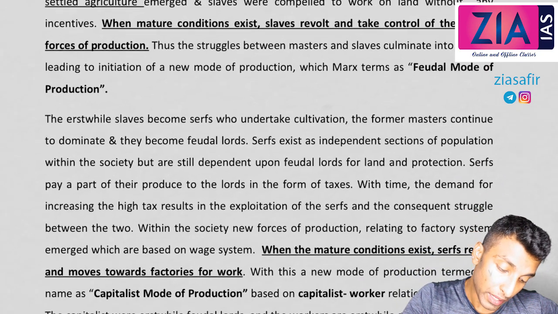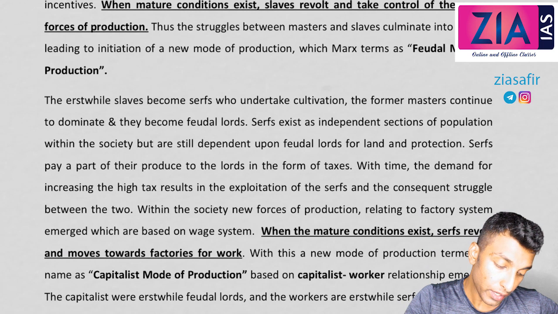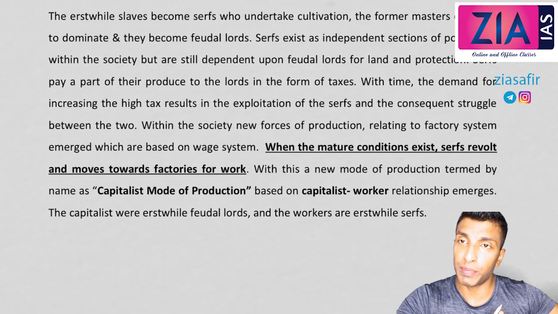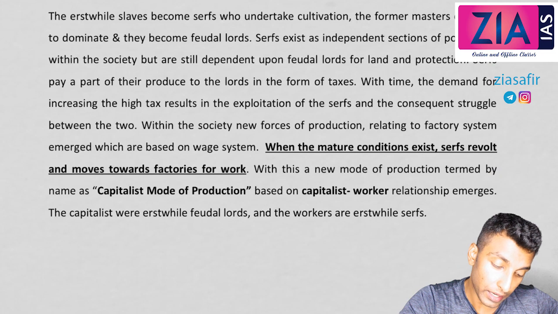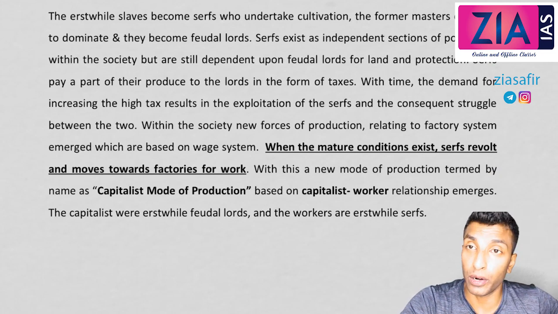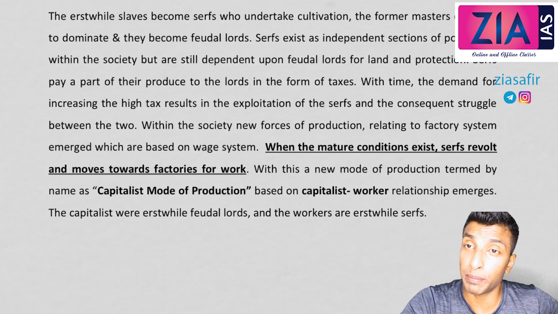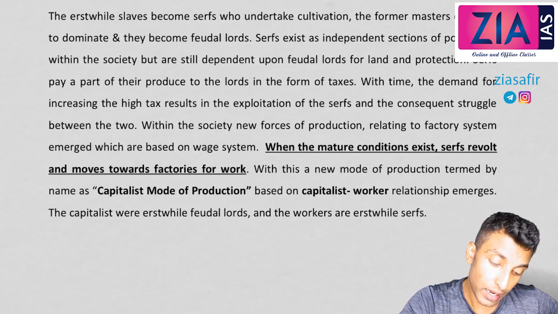Thus, the struggle between masters and slaves culminates into a revolt, leading to the initiation of a new mode of production, which Marx termed the feudal mode of production. The erstwhile slaves become serfs who undertake cultivation, and the former masters continue to dominate. They became feudal lords. Serfs exist as independent sections of the population within the society, but are still dependent upon the landlords in terms of land and protection.